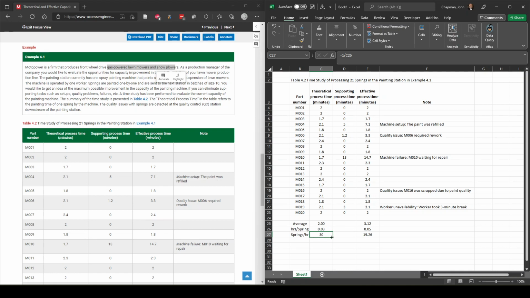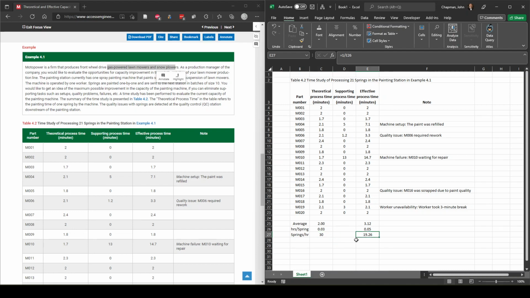Conceptually, what's the difference here? Theoretical is saying, well, if there's no downtime, there's no repair work, there's none of these other times where we have to fix something or wait for something, this is the most springs we can do per hour in this resource, which is 30.